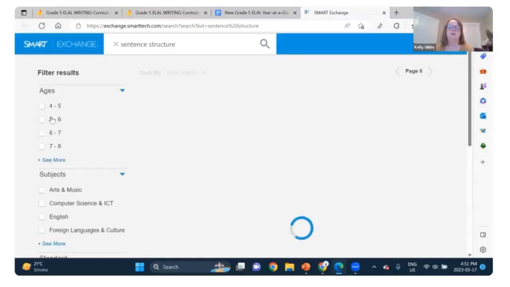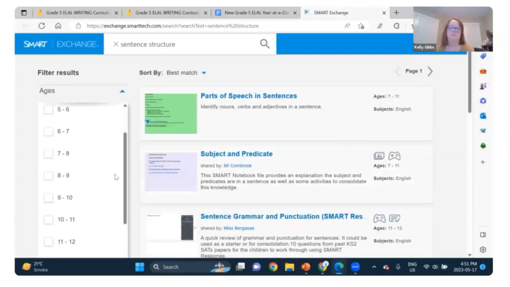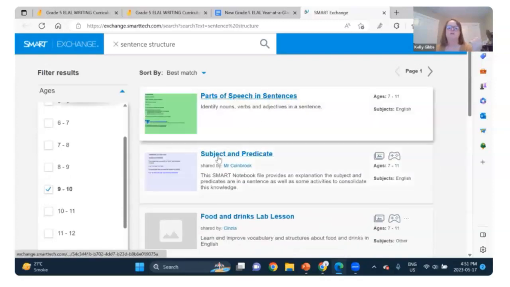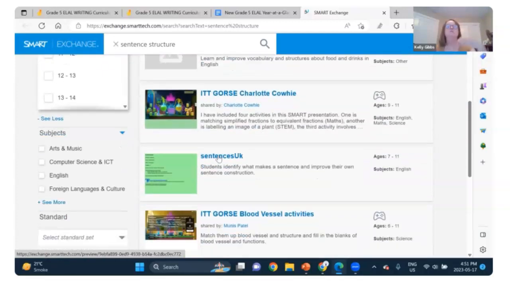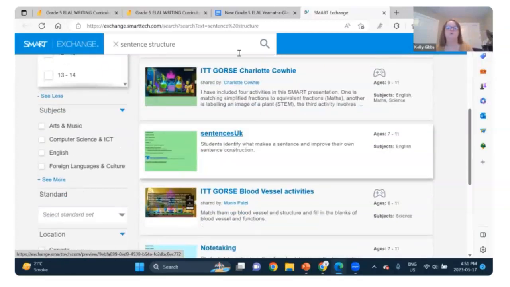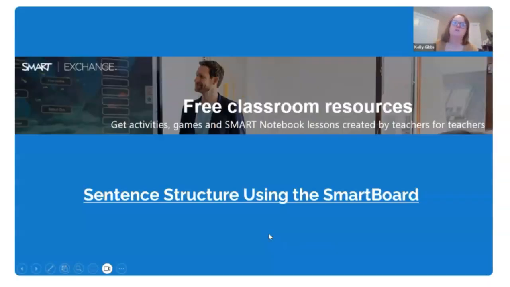And so it kind of looks like this, that you can go in and find your age level. And then it will focus on parts of speech, subject and predicate. And it gives things you can do physically on the smartboard. That's just building sentence structure.